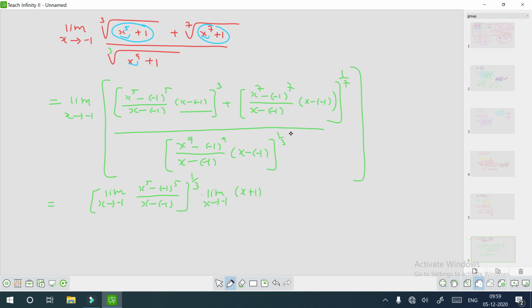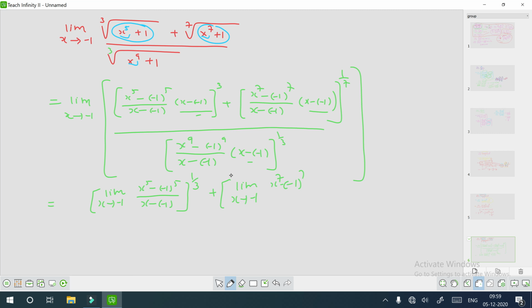So (x plus 1) cube is common from this factor and this factor. If we cancel it, then what we get? This one as it is plus bracket limit x tends to -1 of x raised to 7 minus (-1) raised to 7 over x minus (-1).